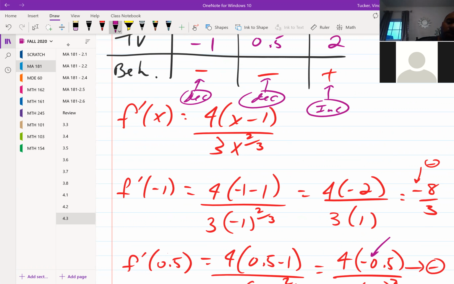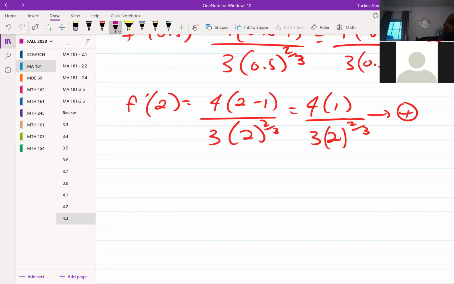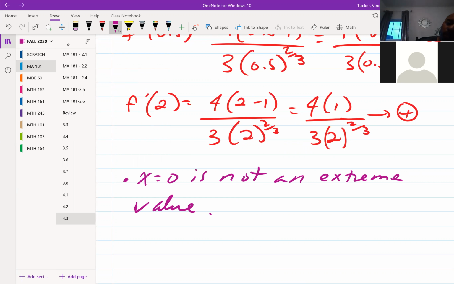So both of those are decreasing. Then we have this interval increasing. A few points from this: x equal to 0 is not an extreme value.